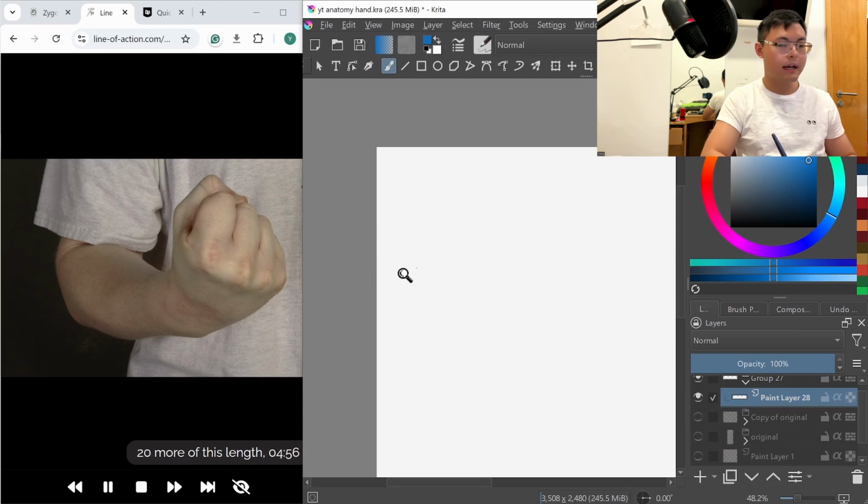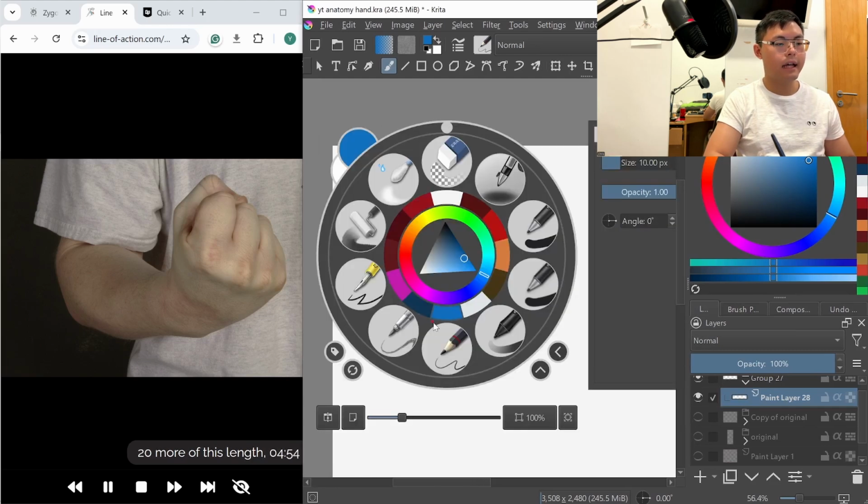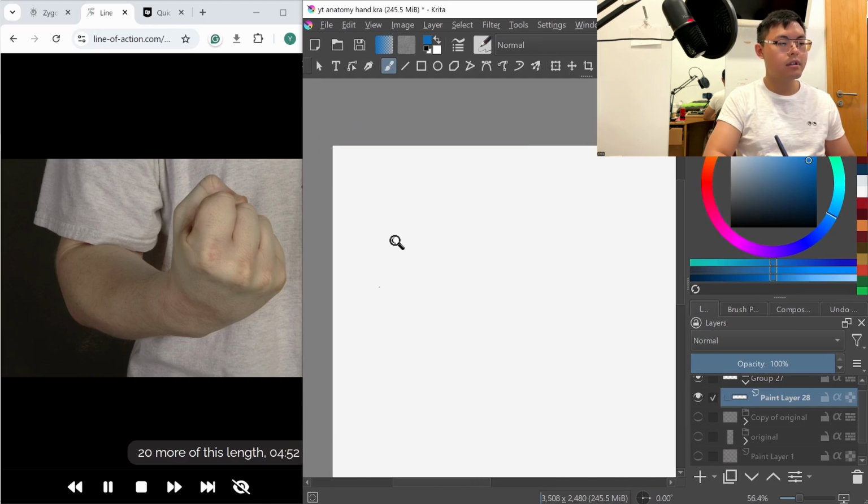For this, I think the hand anatomy, after knowing all those stuff, it's about the perspectives. That's all. So like that, and then like that.